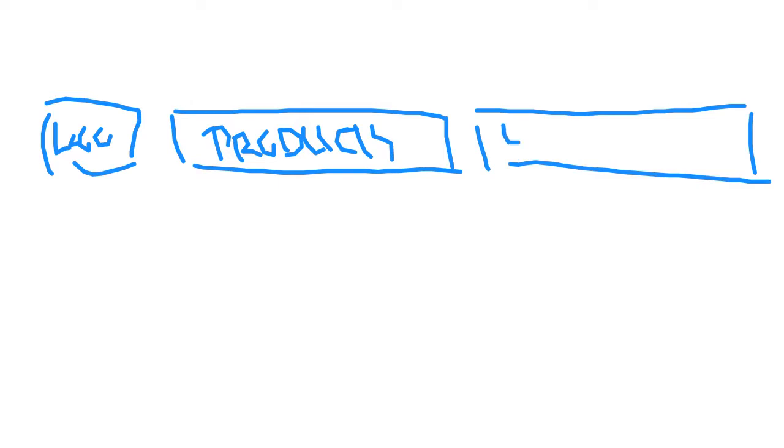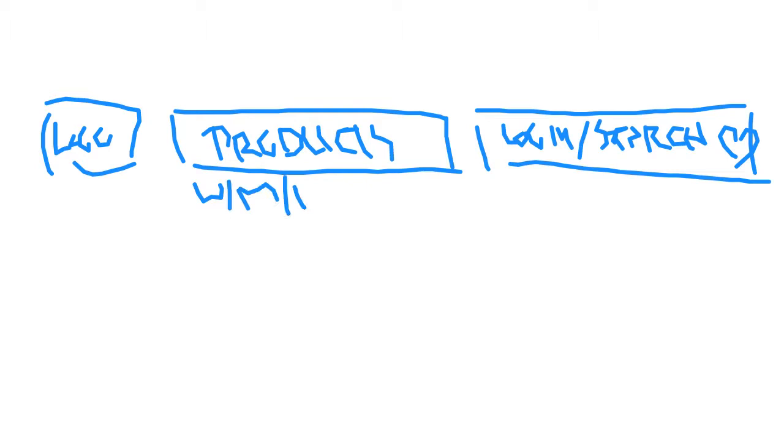So maybe your login, your search, or your little heart. But here you'll have your women, your men, your kids, your sales, what you do, and you don't have to have a line, but think of that, right? And then if you can even display your product, list the product, it's even better.